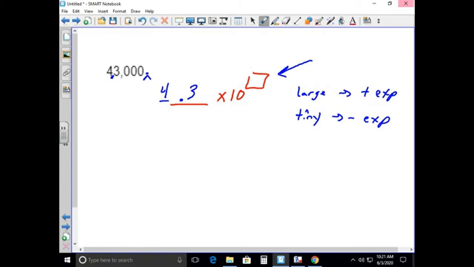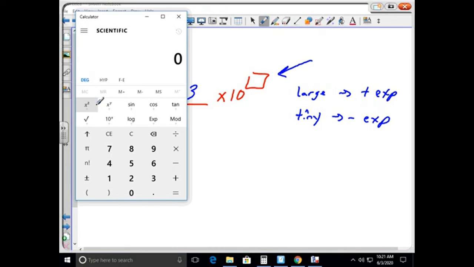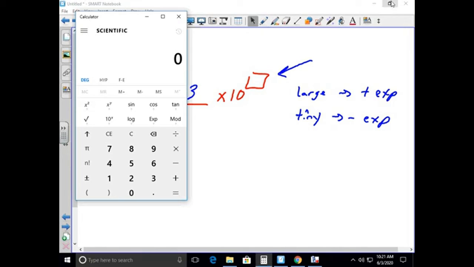We can illustrate that by just looking at some numbers. If we do something like 10 and raise it to the fourth power, that gives us a pretty big number. But if we take 10 and we raise it to the negative 4 power, that gives us a tiny number.